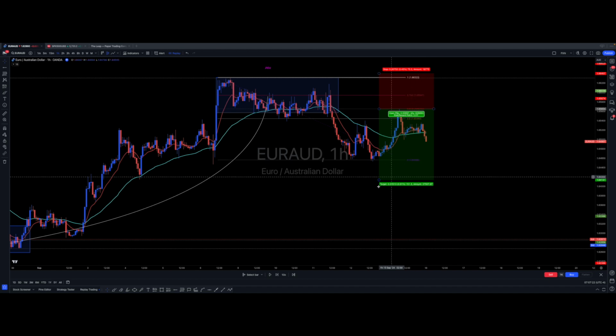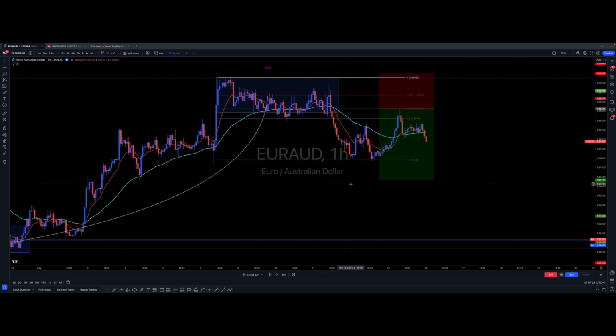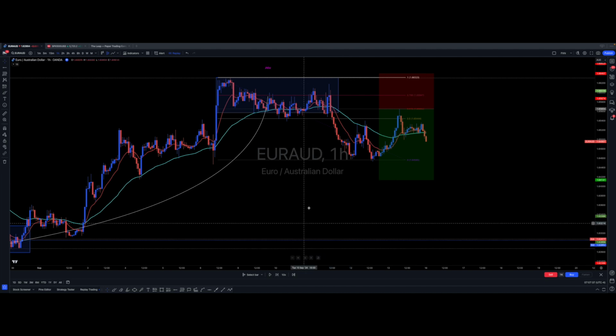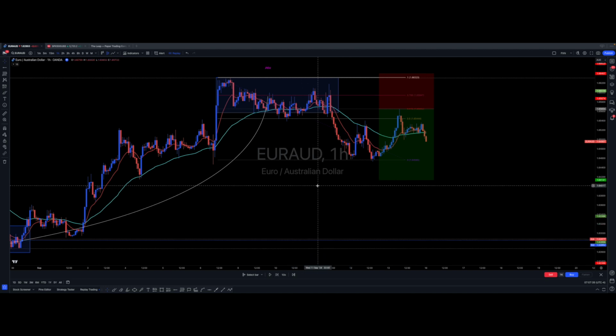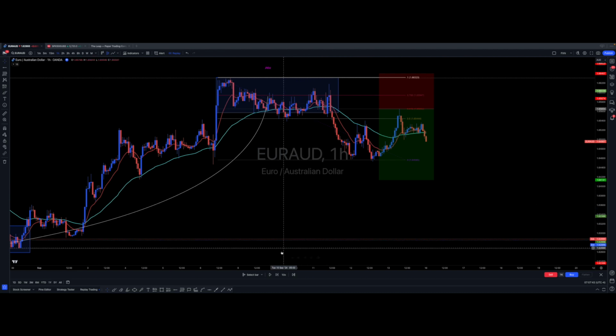Okay, so obviously because this is a swing trading strategy, yes, your stop loss, your risk is going to be more. So you need to adjust your lot size accordingly to your capital for obvious reasons. Because you're not talking about 15 pips now, we're talking about 75, 50, depending on the actual pair that you trade.